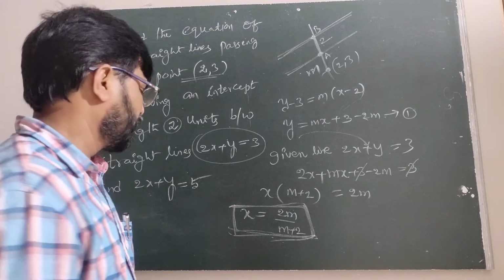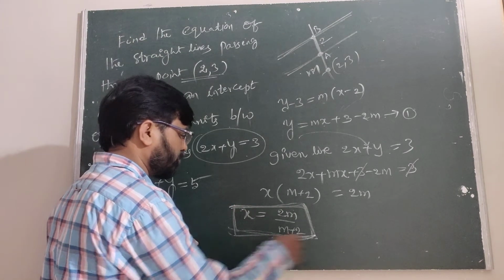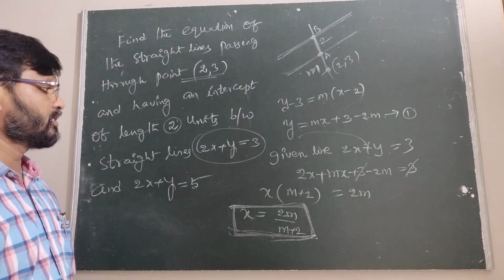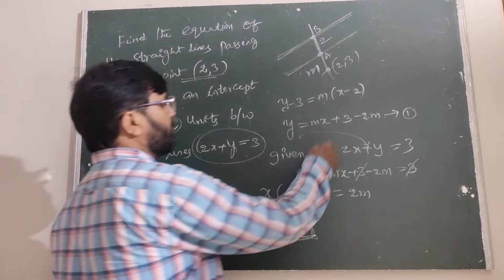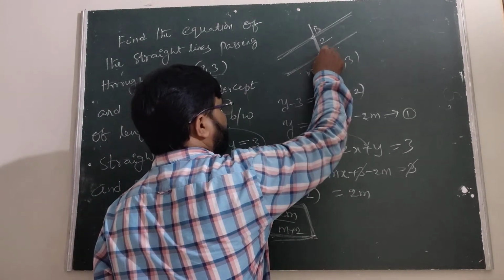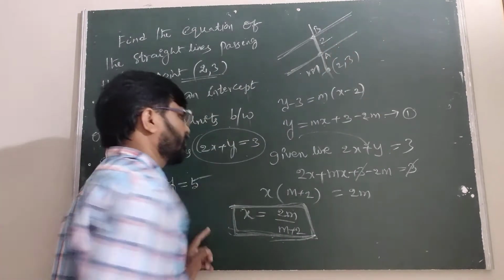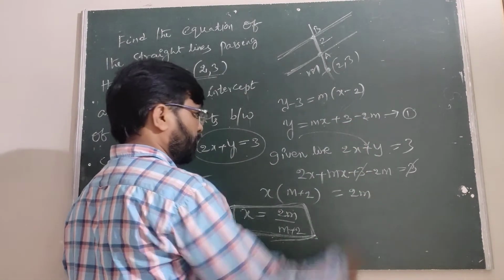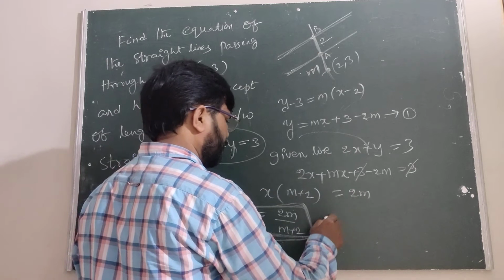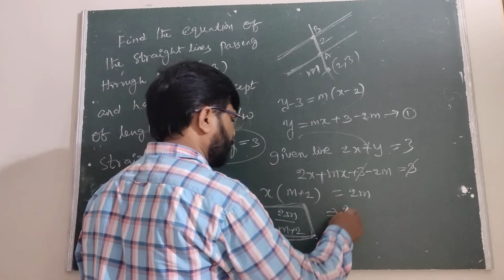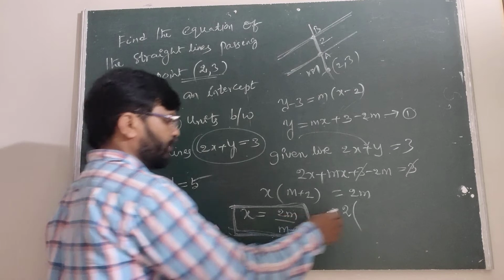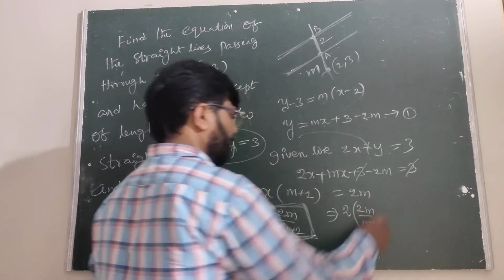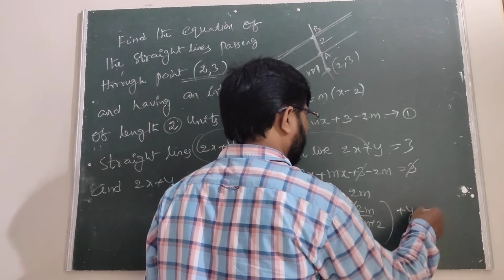Okay. Therefore here x equal to 2m by m plus 2. This value of x is substituted in either this line or this line. We can substitute whatever it may be. Therefore now here is 2 into the value of x, 2m by m plus 2, plus y equals 3.